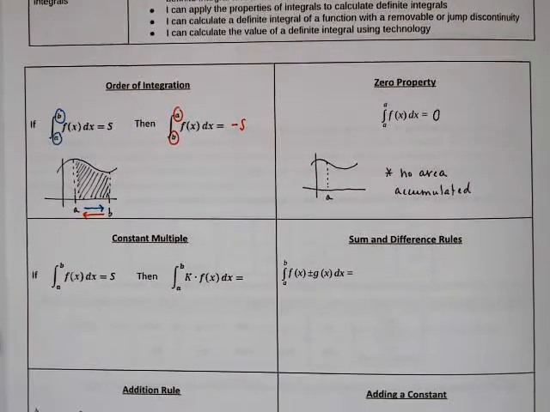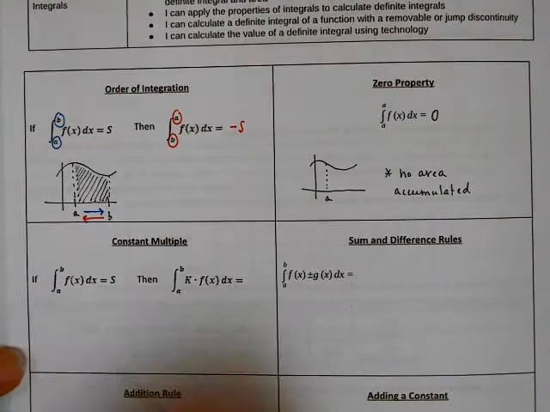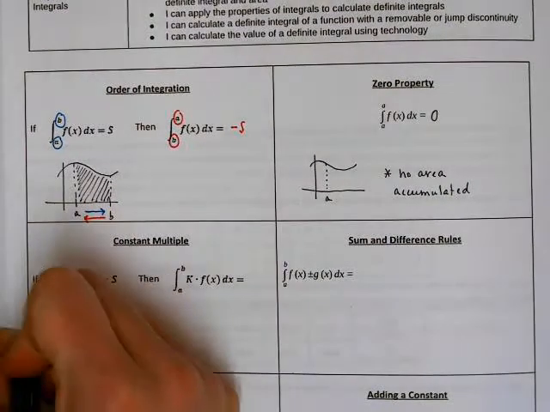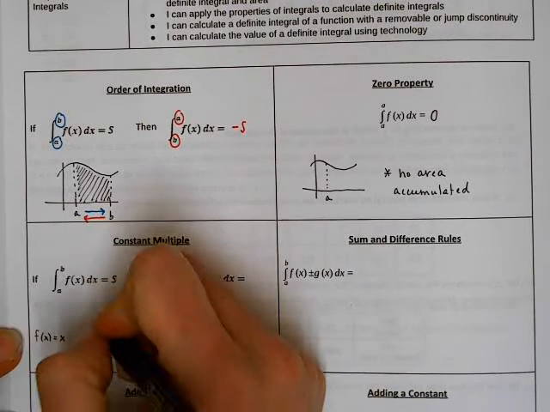Okay, the next one is our constant multiple. Before I talk about the rule itself, I want to illustrate what we're talking about here. Let's consider a function, f of x equals x, and I can go ahead and graph that.